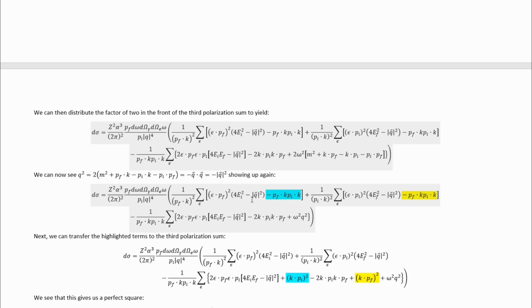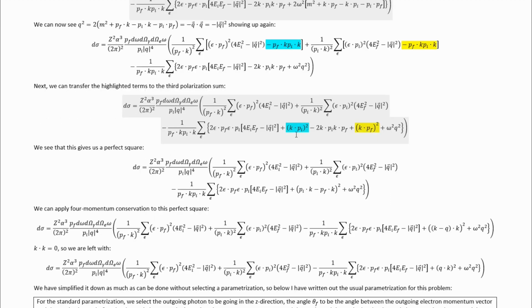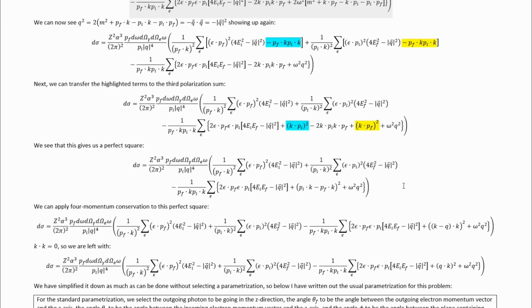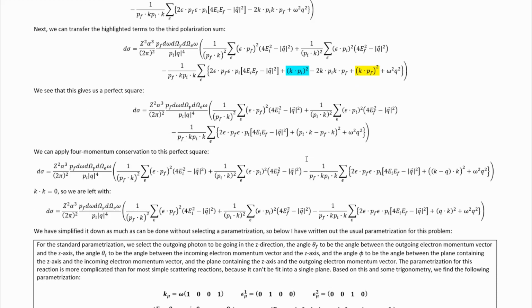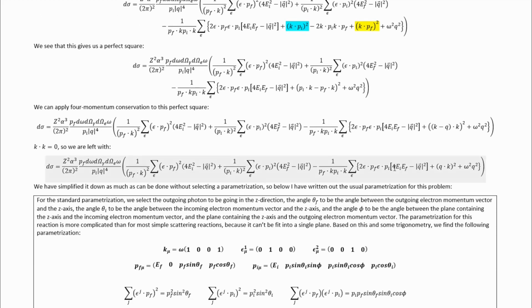Then we can do one final term transfer from the first two polarization sums to the third, giving us this. We recognize a perfect square showing up there, which we then write as such. Then we can use momentum conservation to rewrite it like this. Then we remember that k dotted with itself is equal to 0, so we have an expression that finally simplifies down to this. At this point, we have simplified this down as much as we can without selecting the parameterization.